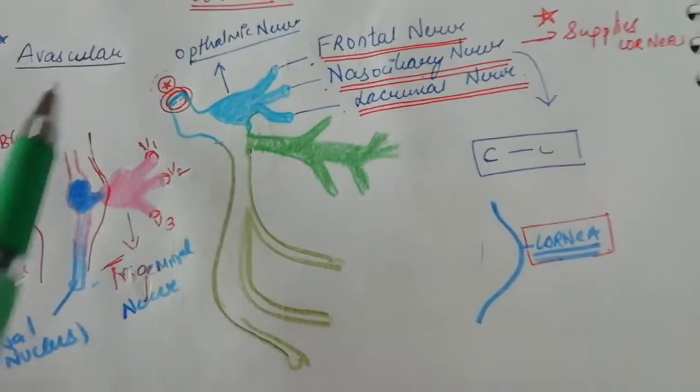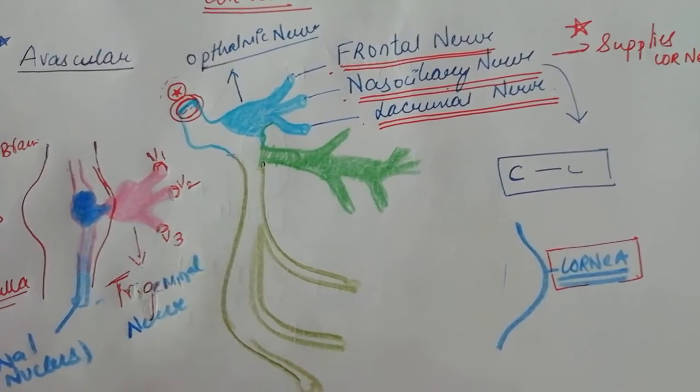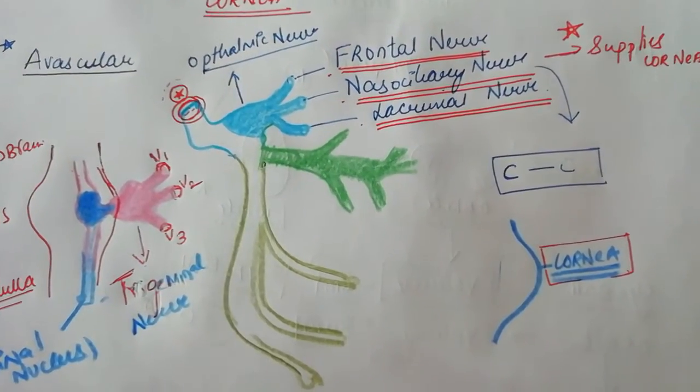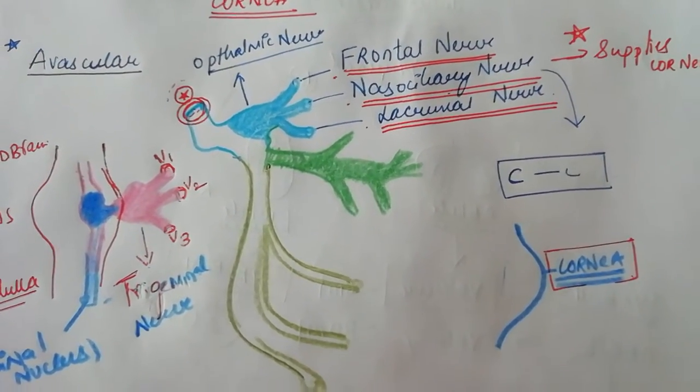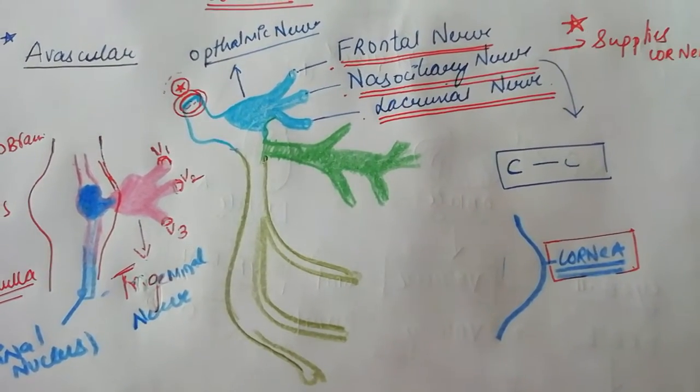Let me draw the same diagram here. This is how it comes, and it has three branches: ophthalmic, maxillary, and mandibular.